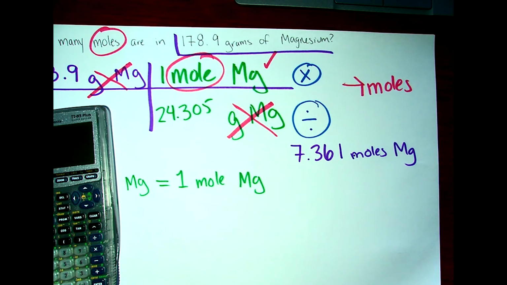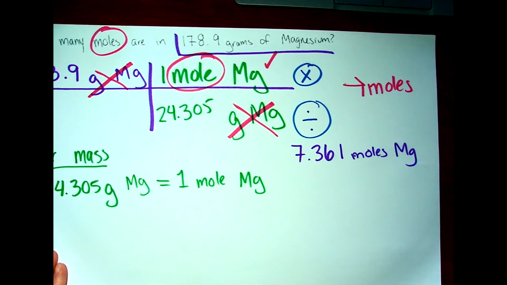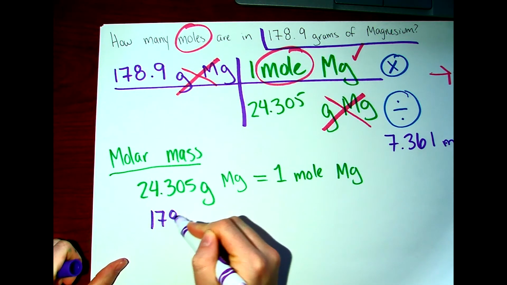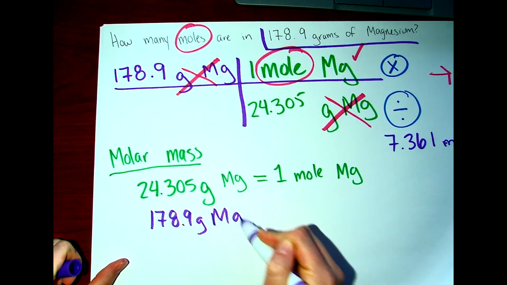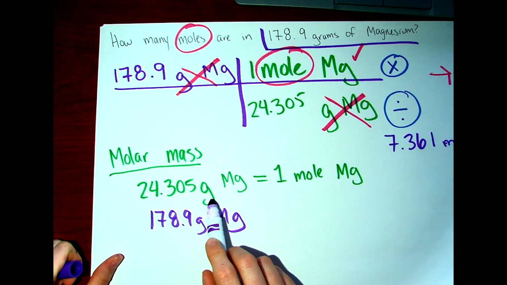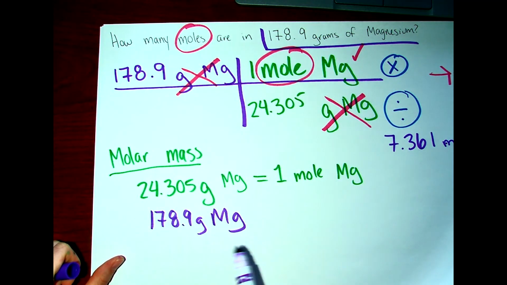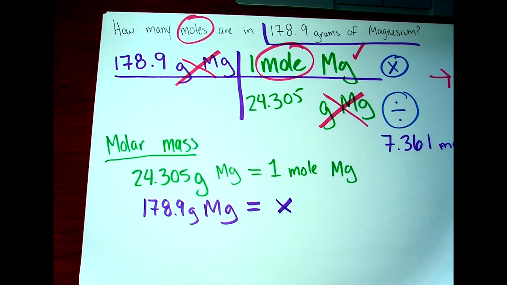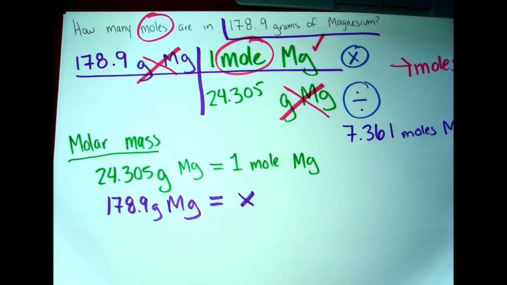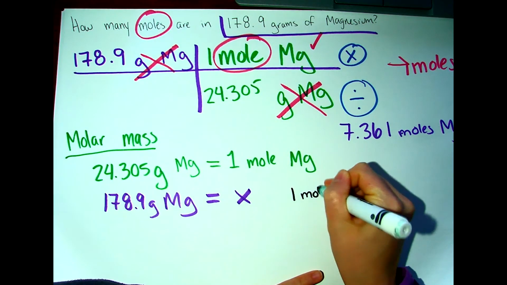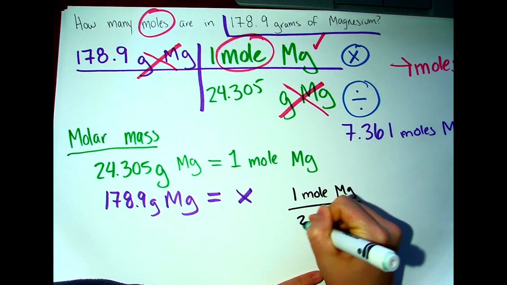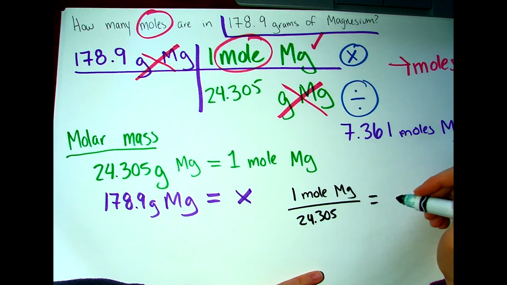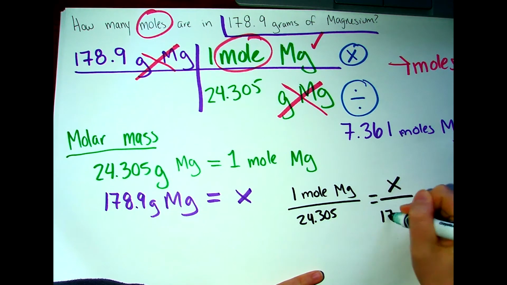All right, so the other way of working this problem, if you were to set it up as a proportion problem instead, is that you'd say you have 178.9 grams of magnesium. So we know that 24.305 grams is 1 mole, but we have 178.9, so that would equal X. Then we can set it up like a proportion problem, where we have 1 mole equals 24.305, and then we have X, 178.9.